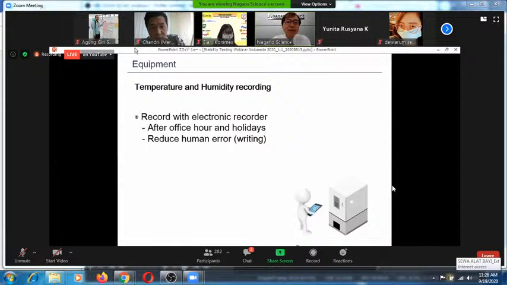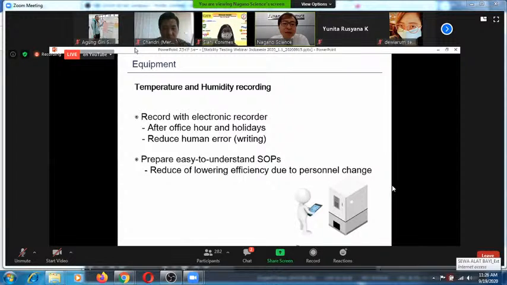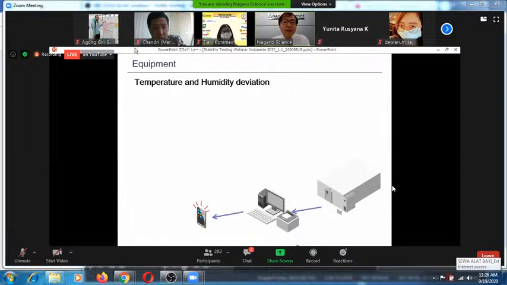And recording is also important. For recording temperature or humidity, we have to record after office hours and on holidays and avoid human error. So we have to be sure that we have a very good SOP. And sometimes people change, so we have to know that.